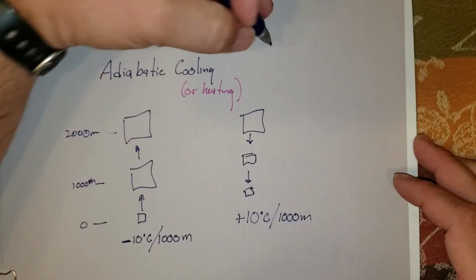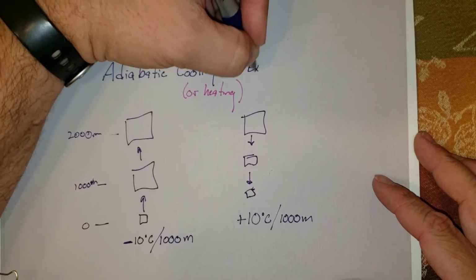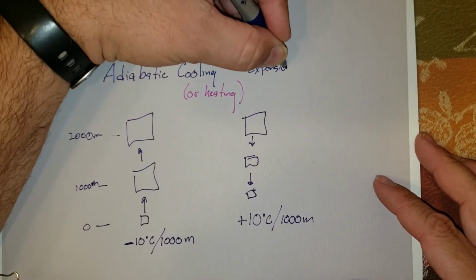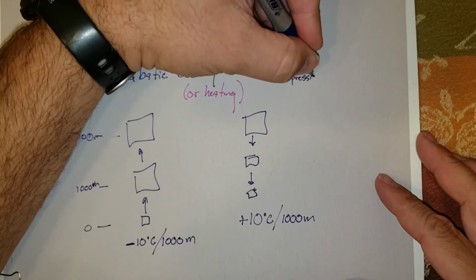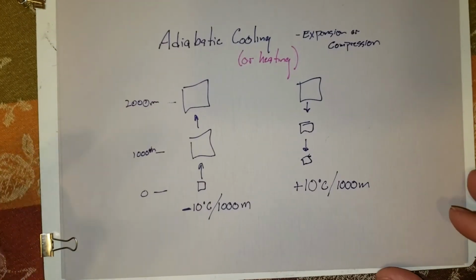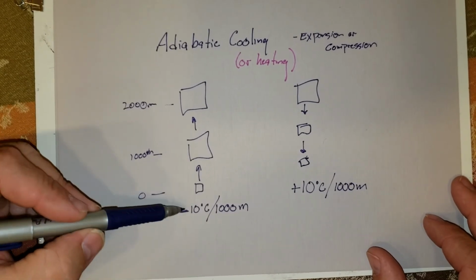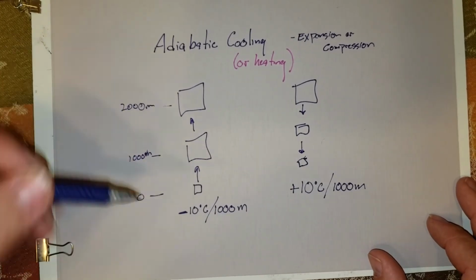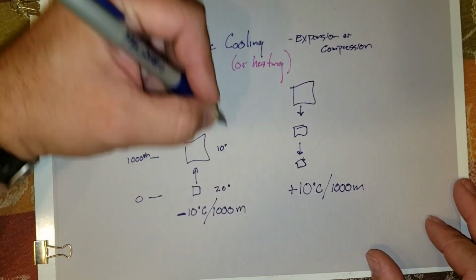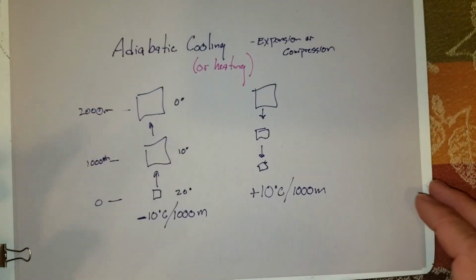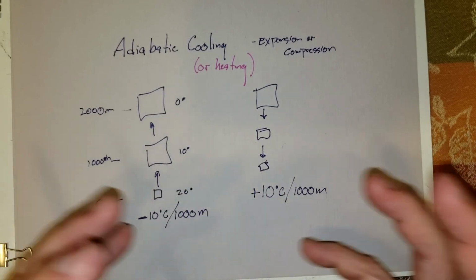The adiabatic rate just has to do with expansion or compression. So if we're going up, it gets colder by negative 10 degrees Celsius per 1,000 meters that it goes up. 20 degrees, 10 degrees, 0 degrees. And as it comes back down, it's going to be heating by compression.